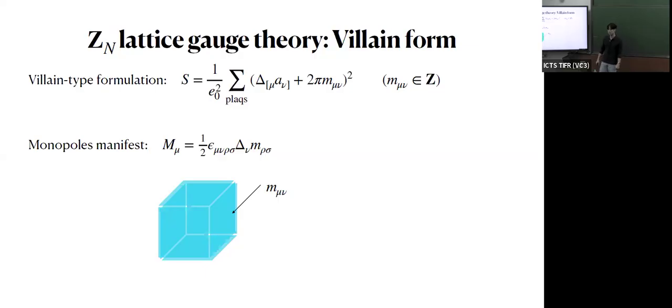If it's non-zero, you say there's a monopole there. This sum can take any integer value. It says monopole of arbitrary units.